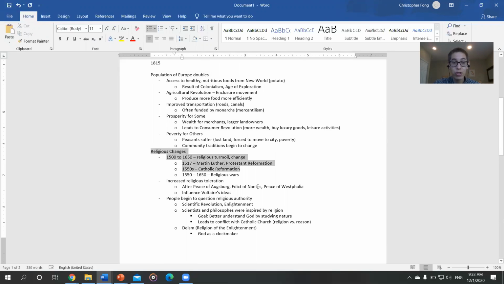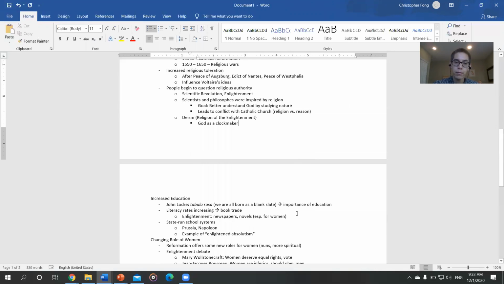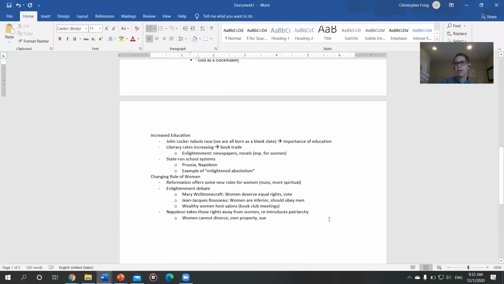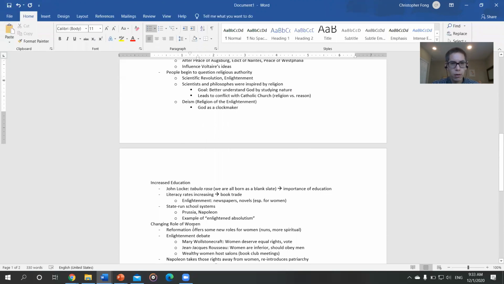We see religious changes as a result of increased religious toleration, and also new religious ideas spawned by the Enlightenment and the Scientific Revolution. Remember to pause here if you need to get these notes. And then finally, really as a result of the Enlightenment, all of these ideas here are social effects of the Enlightenment.